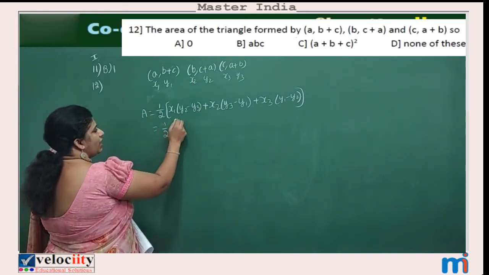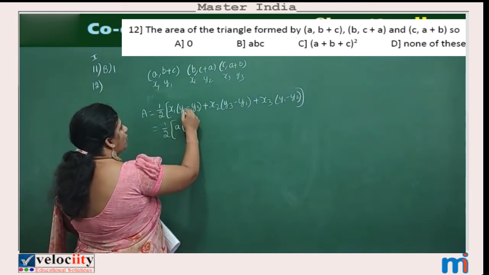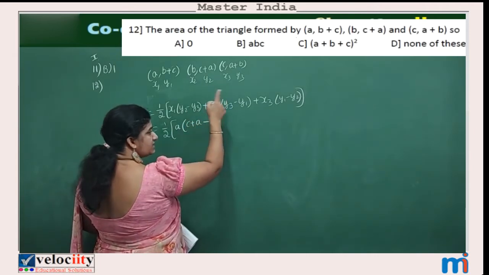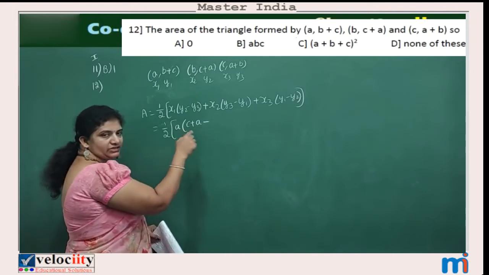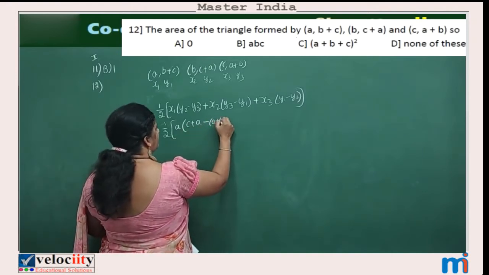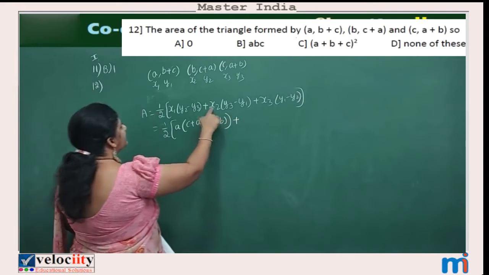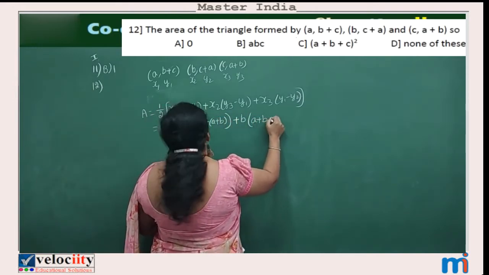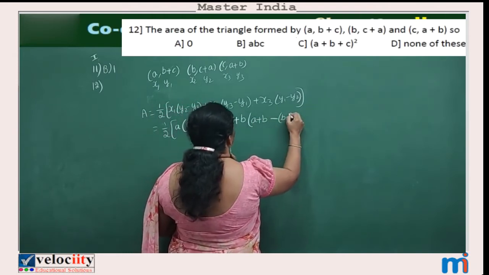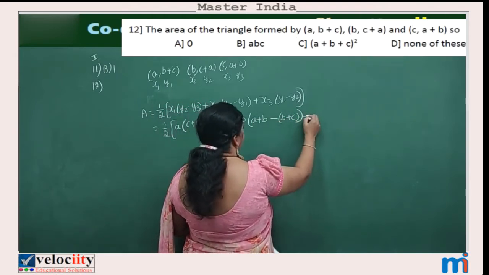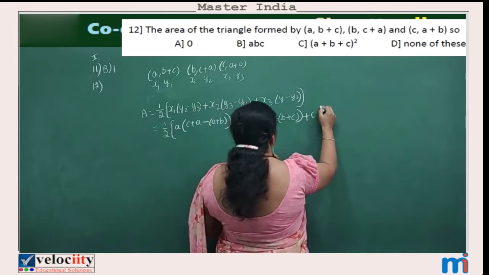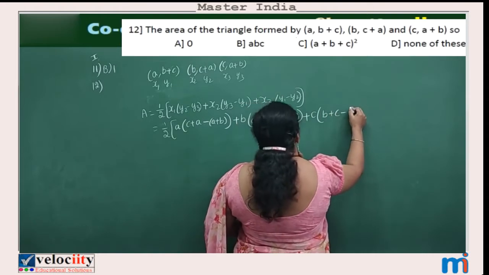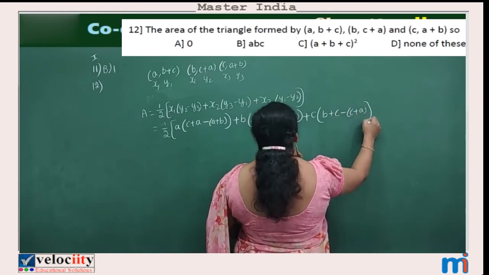Substitute in this. Half of x1 value is A, y2 value is (C plus A), minus y3 value is (A plus B). When we are doing any subtraction, you better go with a bracket. Plus x2 value is B into y3 value (A plus B) minus y1 value is (B plus C) with a bracket, plus x3 value is C and y1 value is (B plus C) minus y2 value is (C plus A).